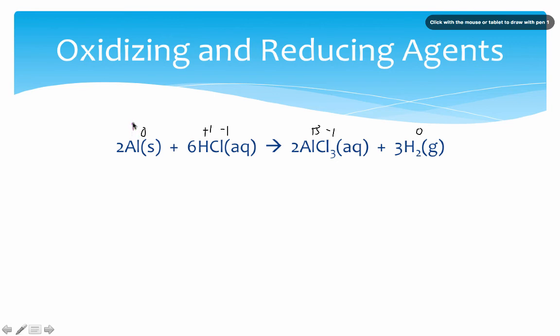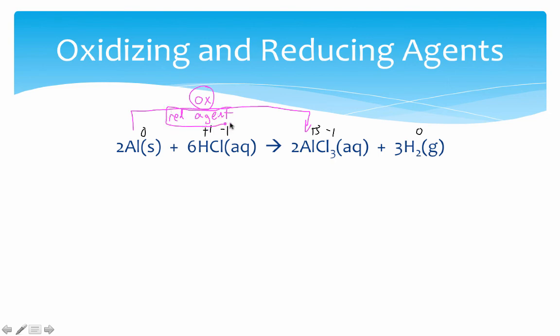Anyway, we can see here that aluminum is going from 0 to +3, meaning it is being oxidized. But more importantly, according to what we're dealing with now, that means aluminum is your reducing agent. So we're able to identify that as our reducing agent. And likewise, hydrogen is going from +1 down to a 0 charge. Its charge is decreasing, meaning it is being reduced.